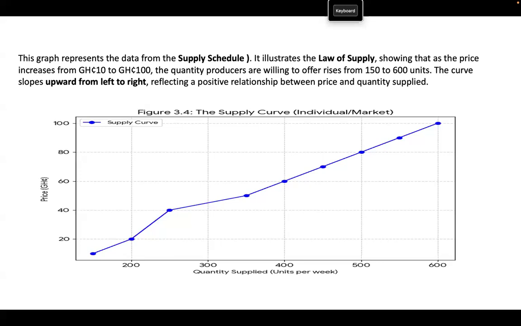Yes. But we have goods where the prices go high and still the demand is high. Yes, that is where the abnormality comes in. So how do you call that? Abnormal demand curve. Okay. Thank you.